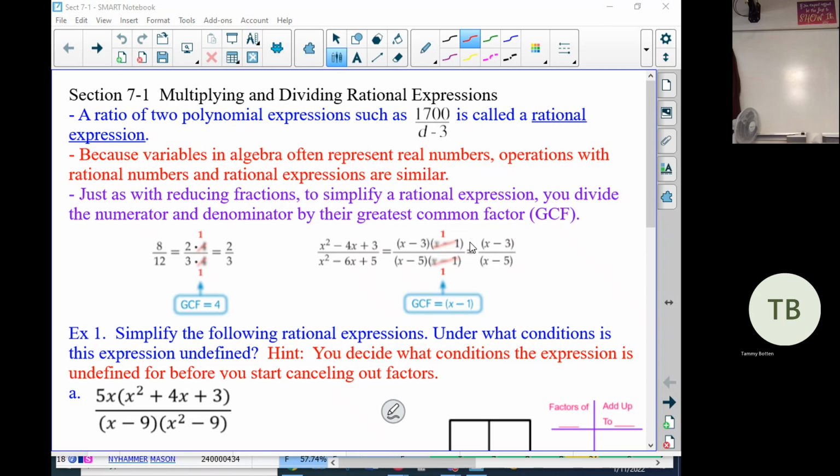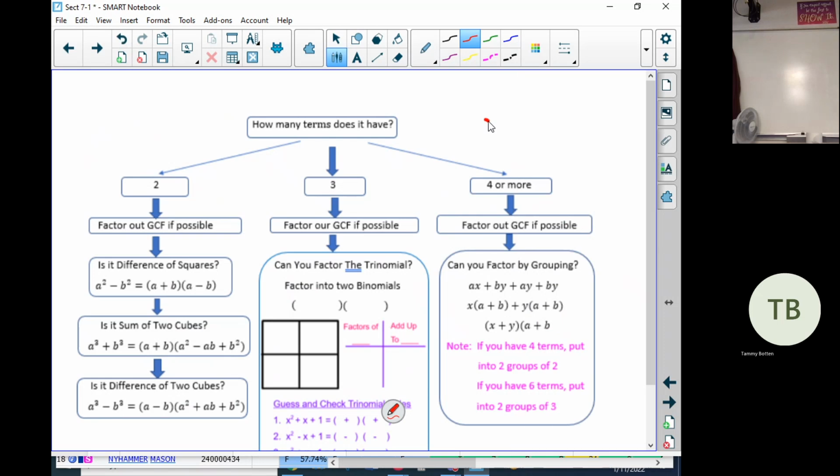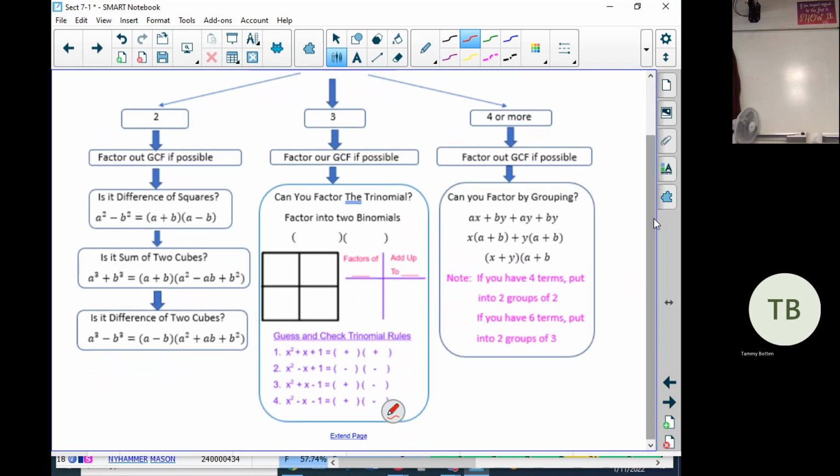The types of factoring you're going to have to know are trinomials, and there are going to be a couple of problems where there's a number in front of the x squared, and I'll show you how to do that. I don't think we've done that much, if at all. And then the other big one that we're going to use today is difference of squares. So we're going to use these two.